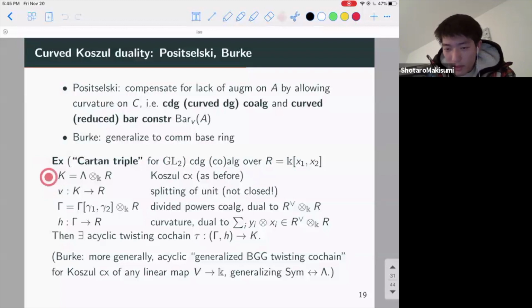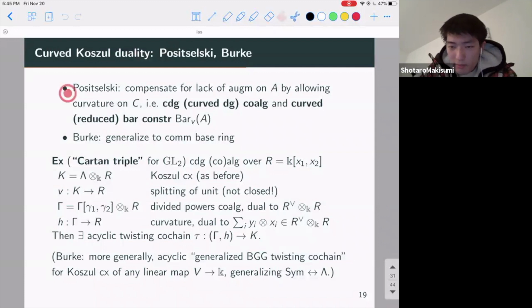But I want to regard the Koszul complex as an algebra over this polynomial ring R. And then in that case, the augmentation should be a map from the Koszul complex to this symmetric algebra. So it just kills the exterior part. But that map doesn't commute with the differentials. So it's not a DG algebra map, and so it's not an augmentation. You can't carry out the same construction.